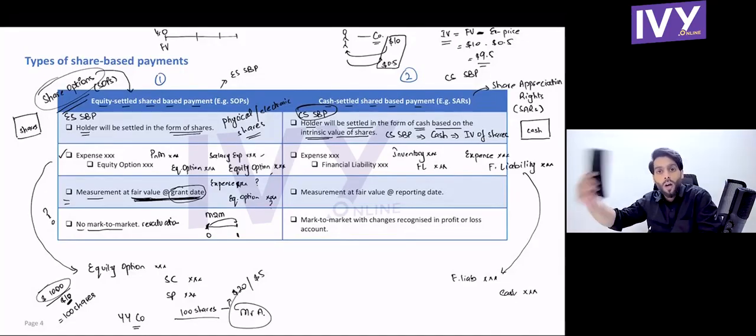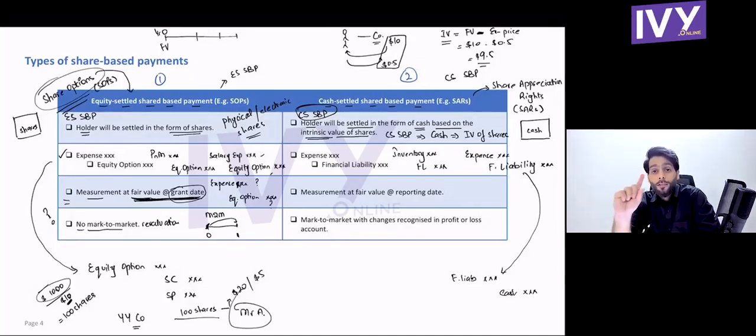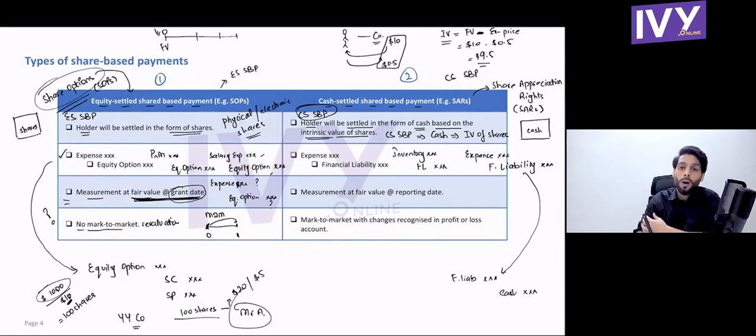I still have to give that person 100 shares. If they are worth $20 nowadays, he's going to win. If the shares are worth, for example, $1 after 3 years, he is going to lose. So the mark to market risk, the fair value risk, the risk of price movements is not on the company in the case of share options, it is on the holder.